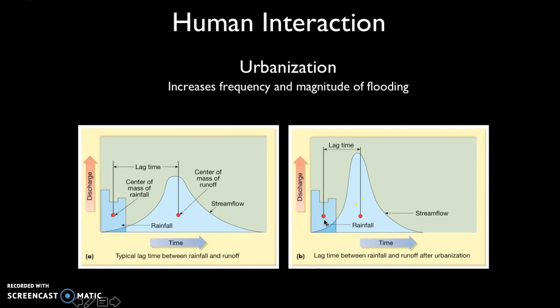But also, because that lag time is smaller on the left-hand side of this curve, it's also going to be smaller on the right-hand side, meaning the amount of water overall that is being discharged has got to do so in a smaller period of time. If you think about it this way, both of these curves, the one on the left-hand image and the one on the right-hand image, have the same area under the curve.